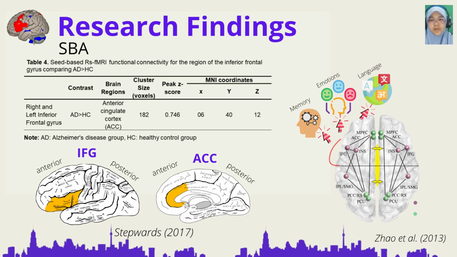As you can see here, the yellow area is the IFG and ACC, and on the right side of the images, you can see the network from the IFG to ACC connecting to each other. So this area affects memory, emotions, and language.